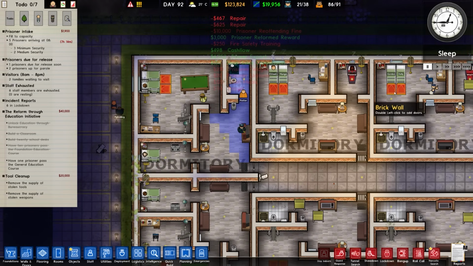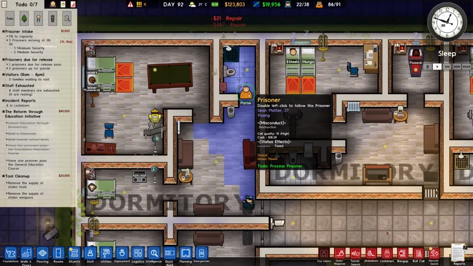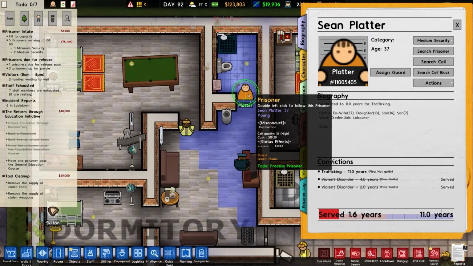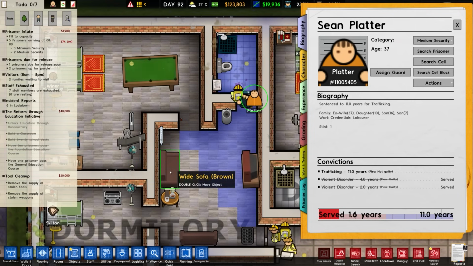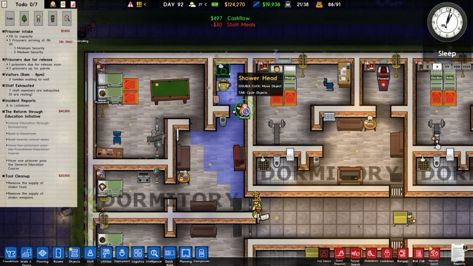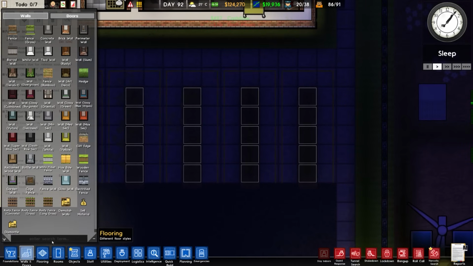What is going on here? We have some flooding. Not just flooding, but Sean Platter, prisoner number 11005405, sentenced to 11 years for trafficking, and they've also been tased recently. I think they've just been smashing this place up. And did I actually get that correct?